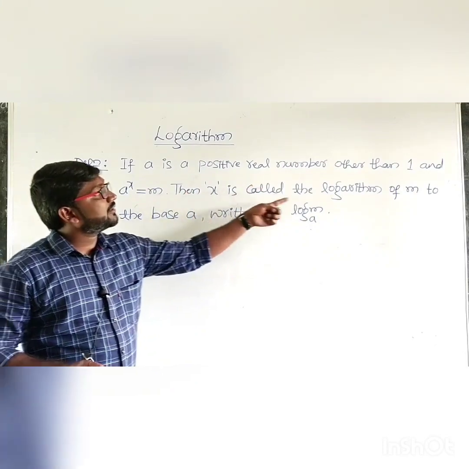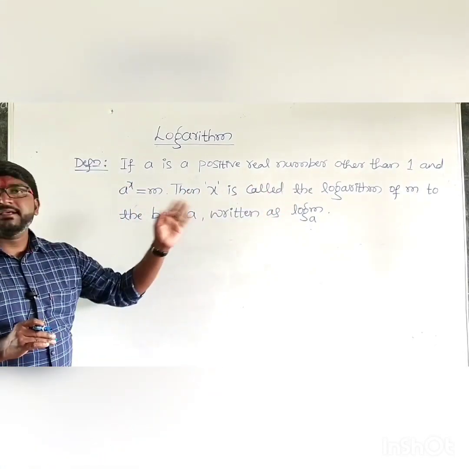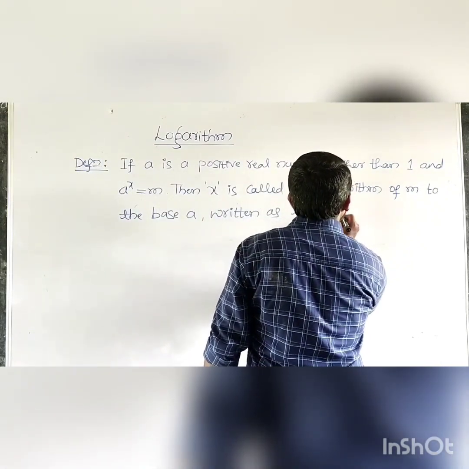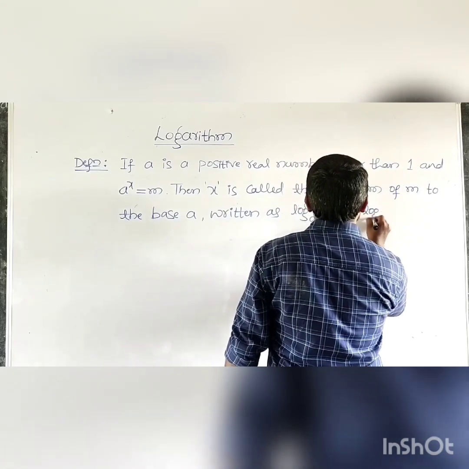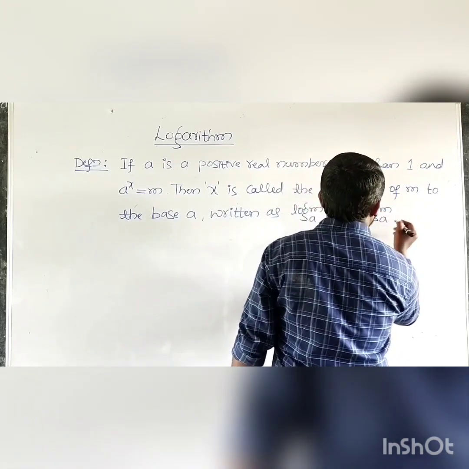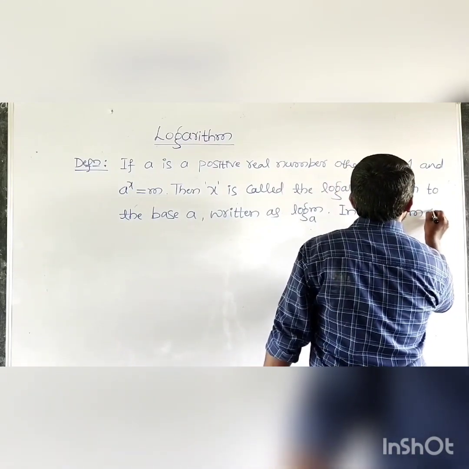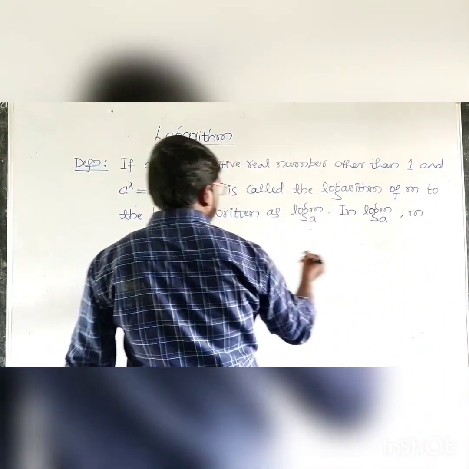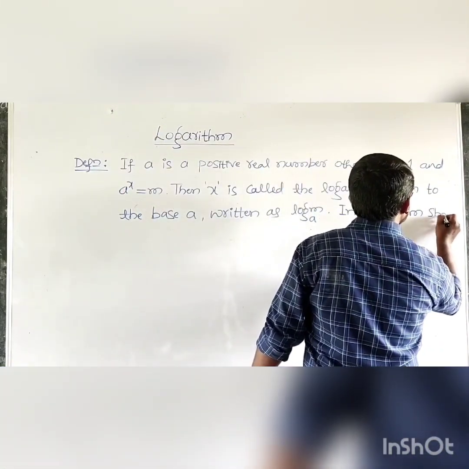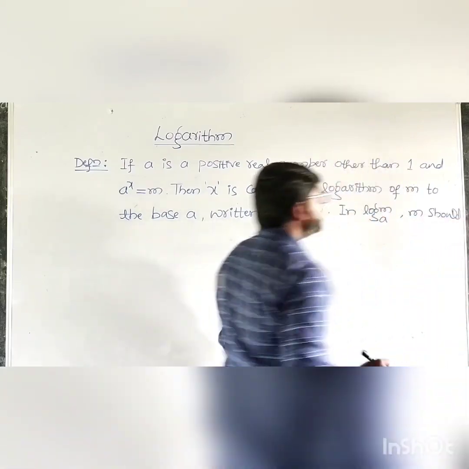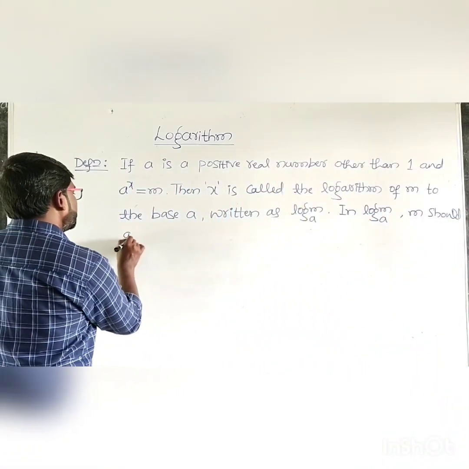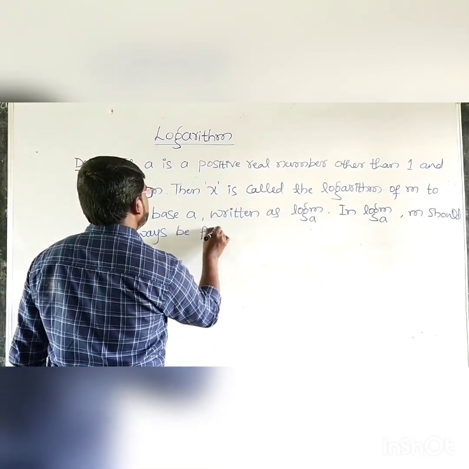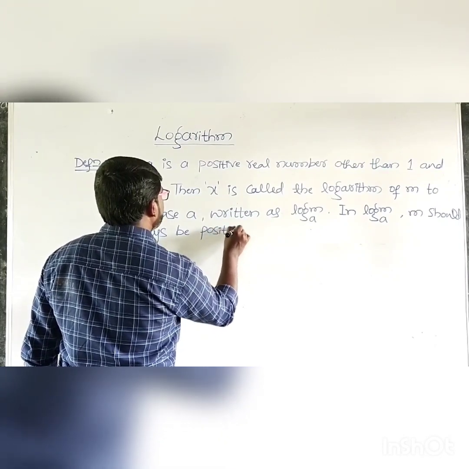Then x is called the logarithm of m to the base a, written as log m to the base a. In log m to the base a, m should always be positive.